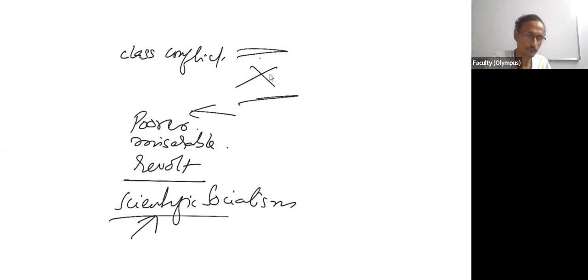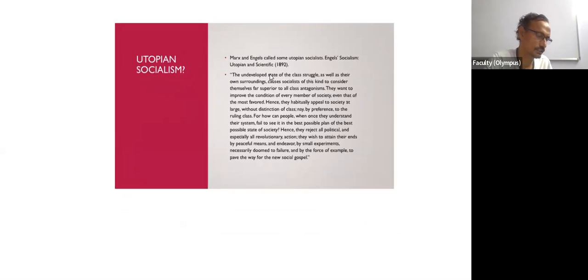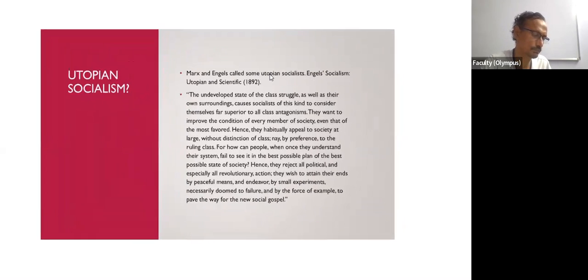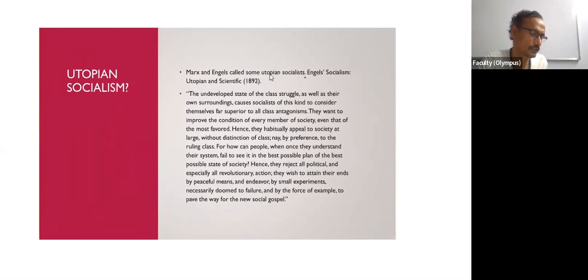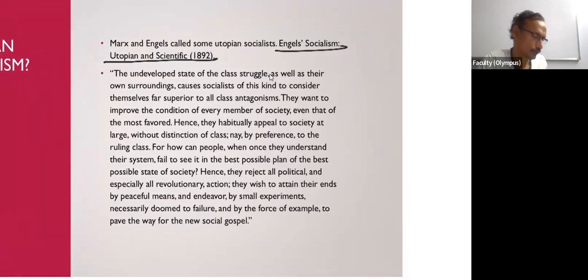It is those people who are called early socialists. This is what Marx and Engels called these people: early socialists. Engels, in his book Socialism, Utopian and Scientific, wrote this.